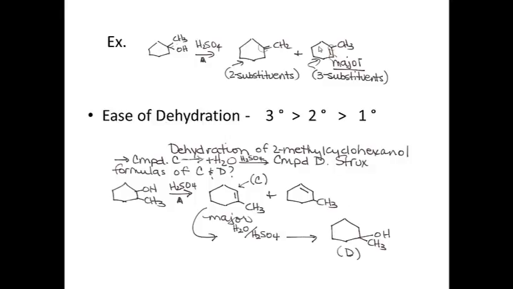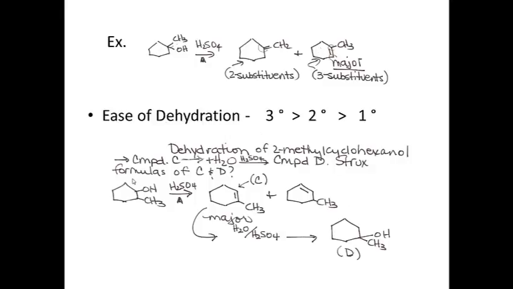It's important to recognize that the ease of dehydration is such that tertiary alcohols are easier to dehydrate than secondary, which are easier than primary. The next example asks you to take a look at this problem, where you have a dehydration of 2-methylcyclohexanol forming compound C and water, and then going from there to compound D. It asks what are the 2 possible structures that could be produced from that.